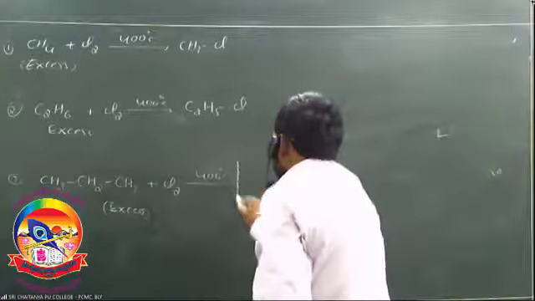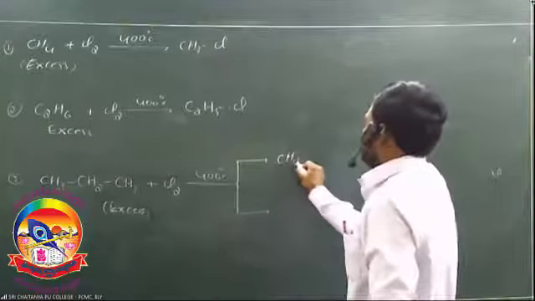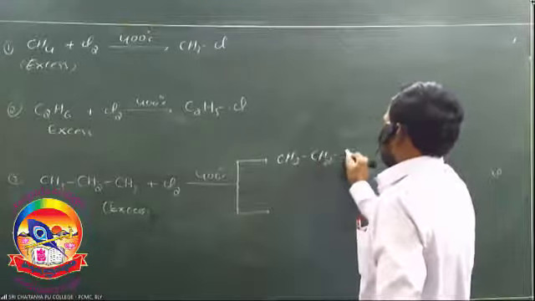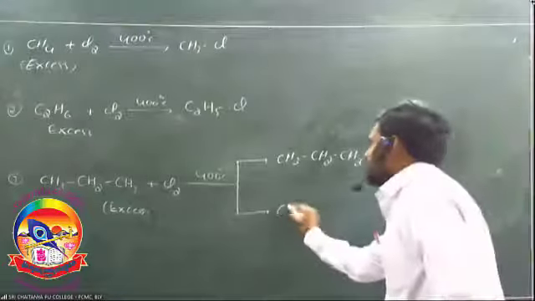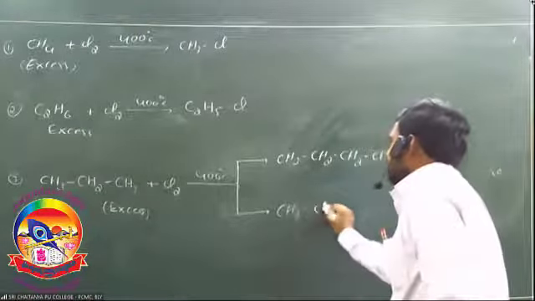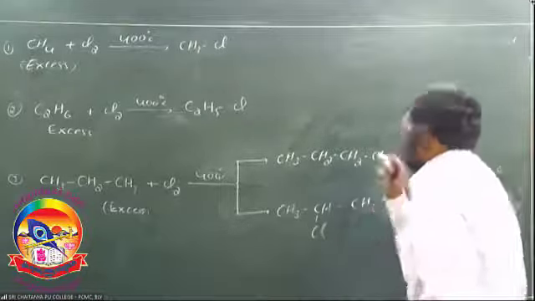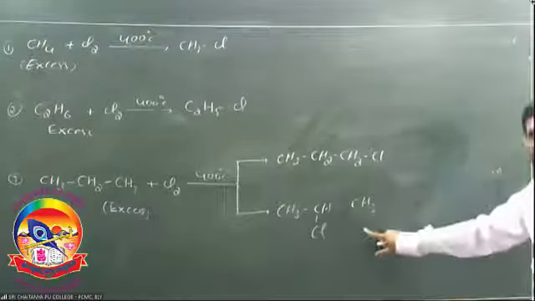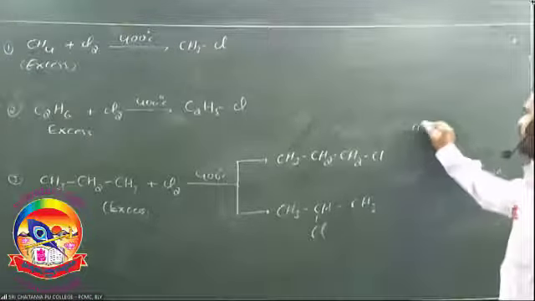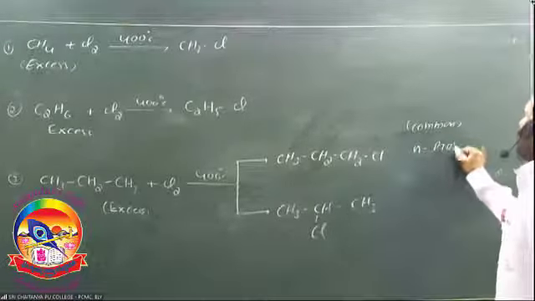First one, CH3, CH2, CH2, Cl is 1-chloropropane. What is the second possibility? CH3, CHCl, CH3, it is 2-chloropropane. The common name of the first is n-propyl chloride.